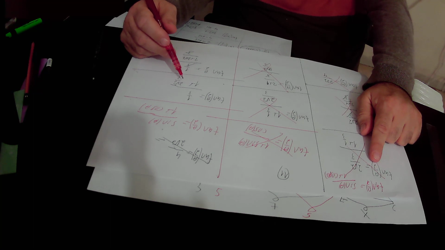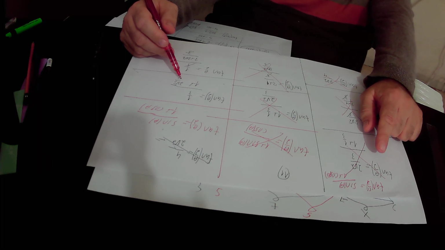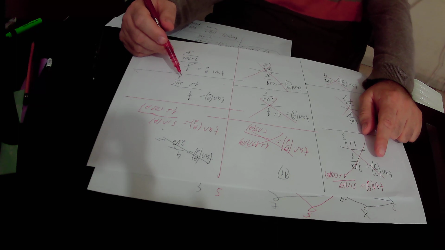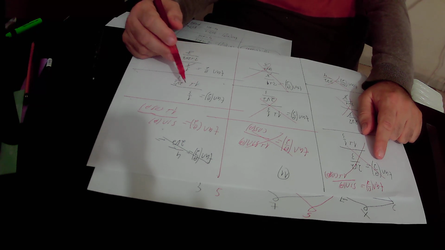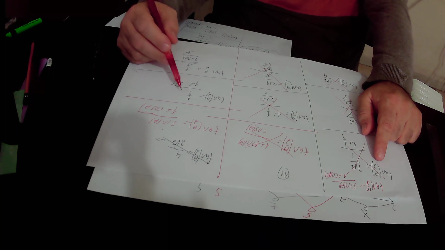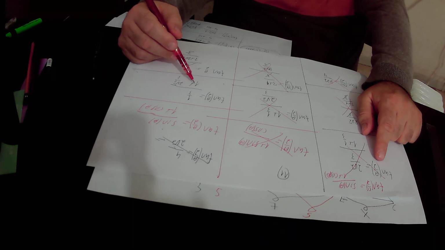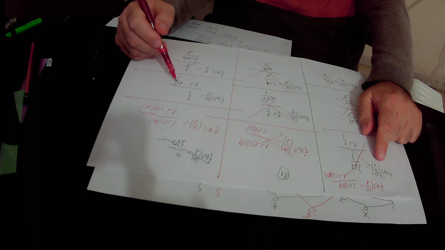We have already found out that cosine theta equals 2 times square root of 2 over 3. So tangent theta over 2 equals 1 over 3 over 1 plus 2 times square root of 2 over 3.